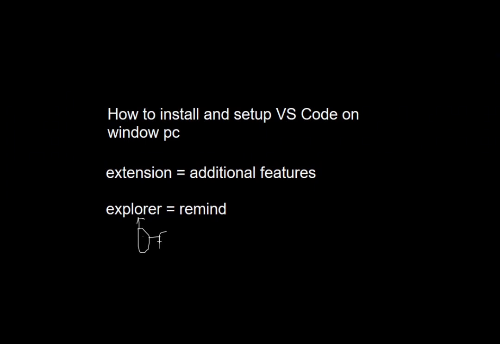In my last video, when I was explaining how to set up VS Code on the Mac operating system, I used an example of a key, like you're asking Explorer to help you take note of where you stopped, and how it does that is just by taking note of the folder.